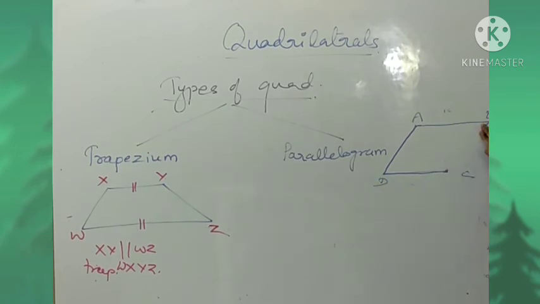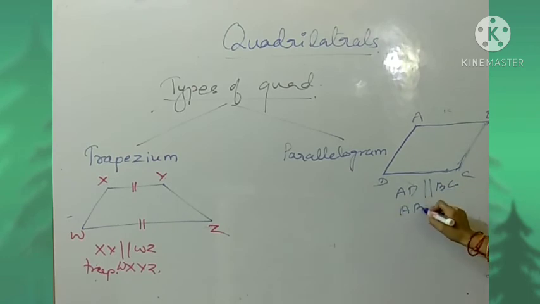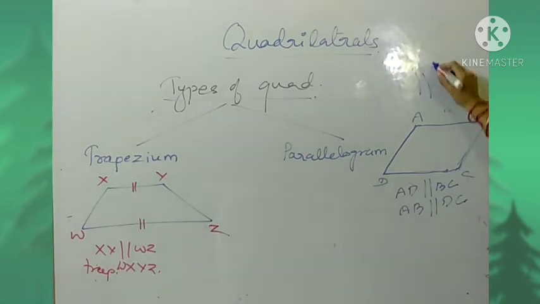So this type of figure in which the opposite sides are parallel is said to be a parallelogram. So here AD is parallel to BC and AB is parallel to DC. So then we call this a parallelogram ABCD.